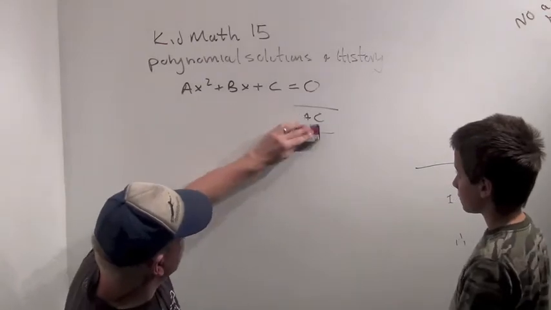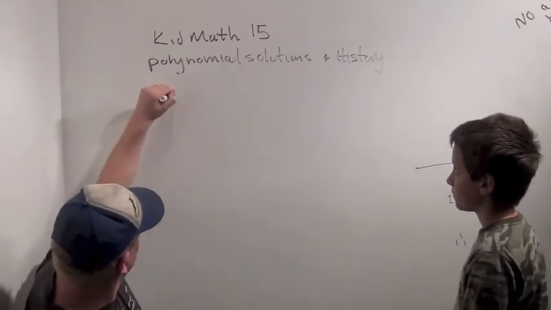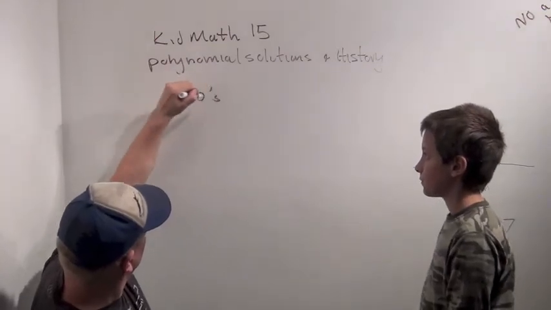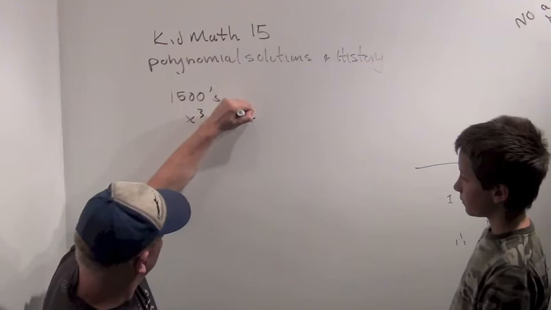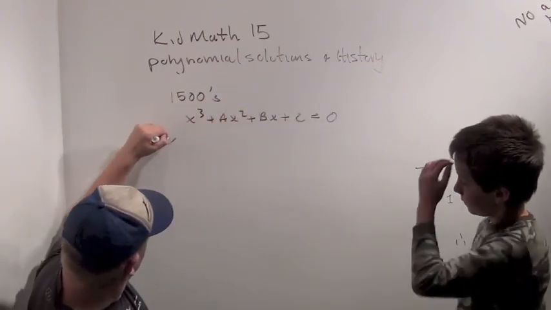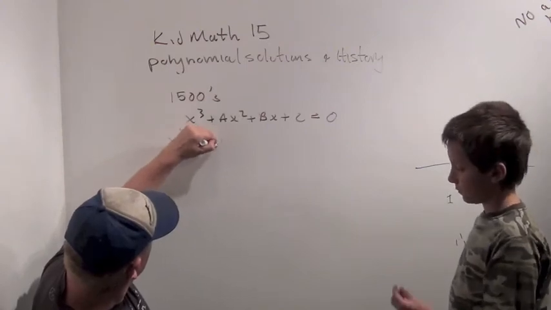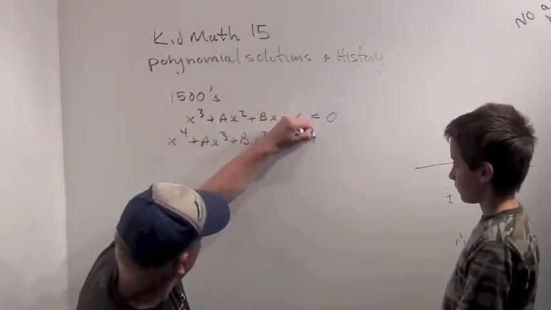Then something neat happened. In the 1500s, people learned how to solve equations like x cubed plus ax squared plus bx plus c equals 0, and x to the 4th plus ax cubed plus bx squared plus cx plus d equals 0.